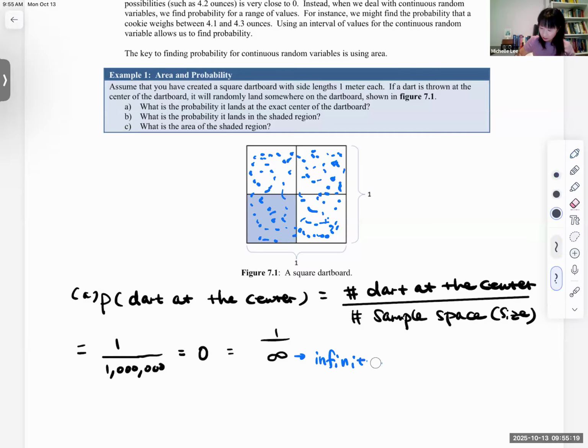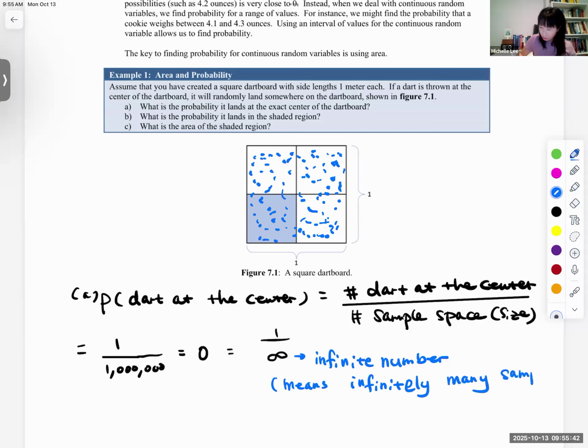So it means there are infinitely many sample sizes there.